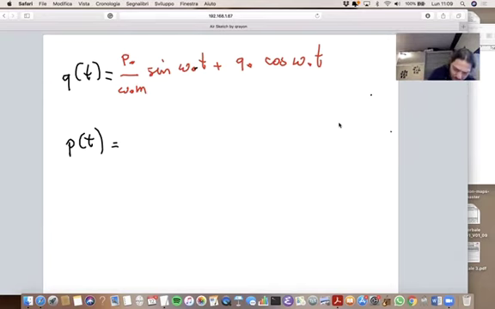So the time derivative will be P naught cosine omega naught t, negative Q naught omega naught sine omega naught t, times mass.